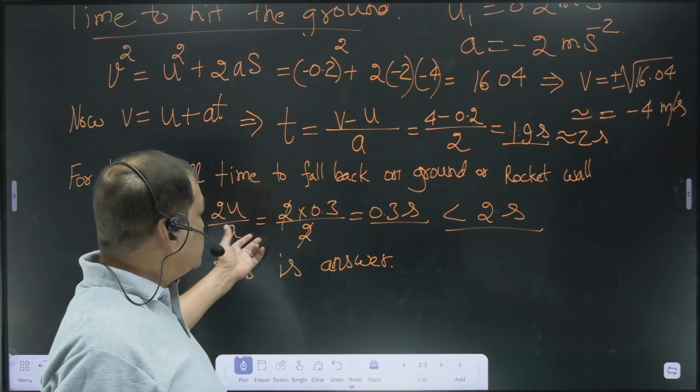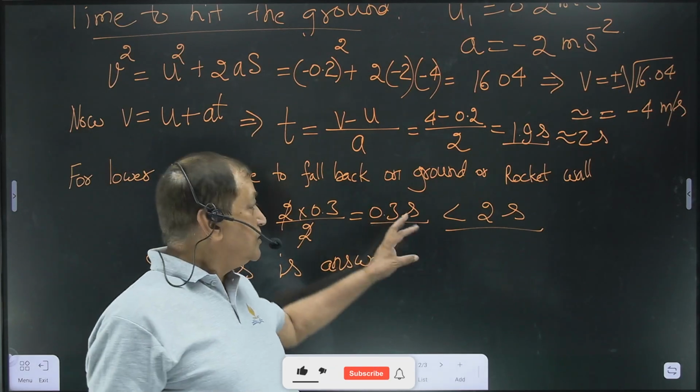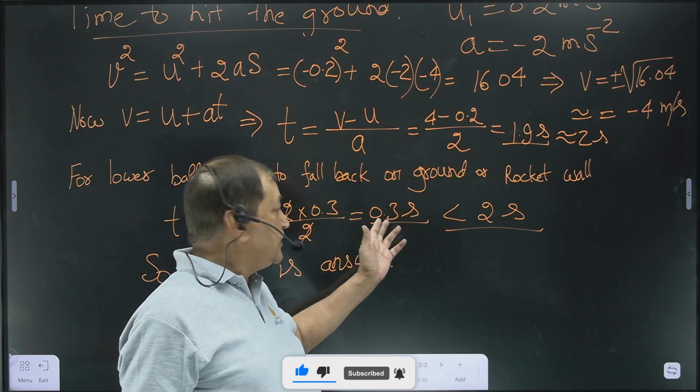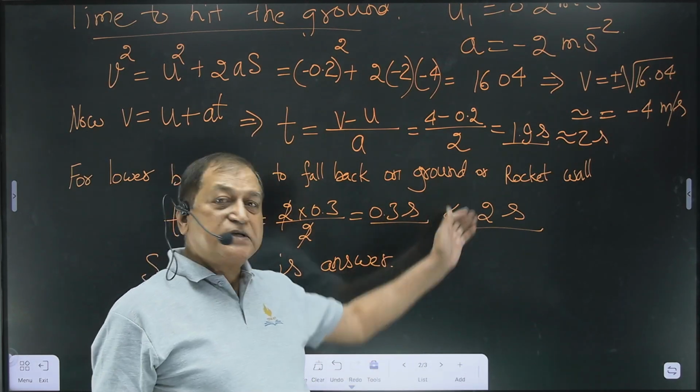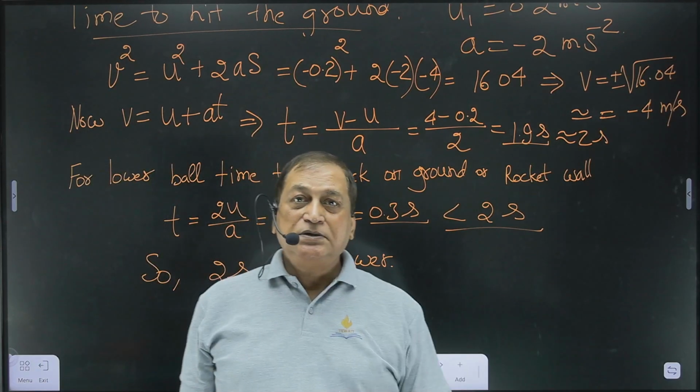So by this formula, this ball will come back on the ground within 0.3 second. So that is less than 1.9 second. So the 1.9 second is the answer. That's all. Thank you.